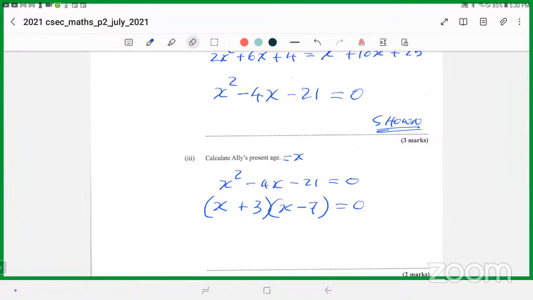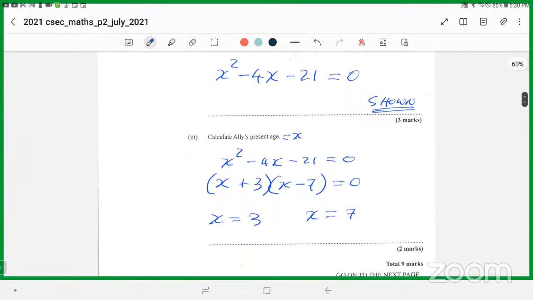But you have to learn the quick way. Then this is giving me x equals negative 3. This is giving me x equals 7. I cannot accept negative 3. This gives me x equals negative 3.